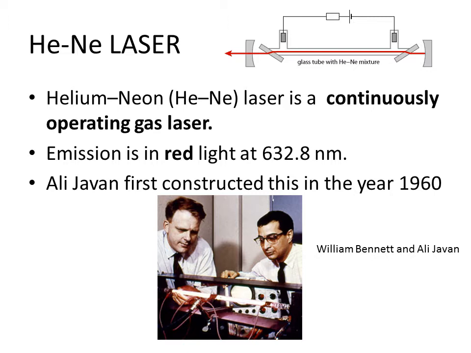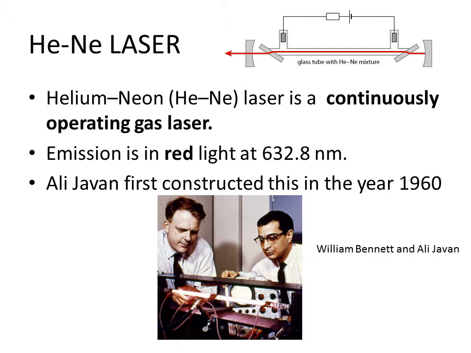Helium will help in the creation of population inversion. Helium will facilitate the pumping transition. So it is a more important role than just acting as a host medium. So that is the active medium part.